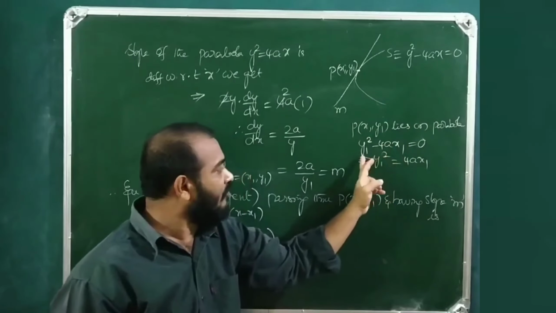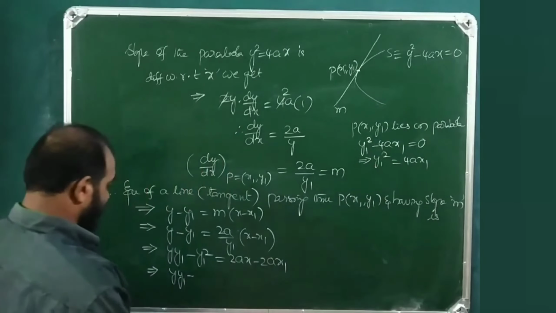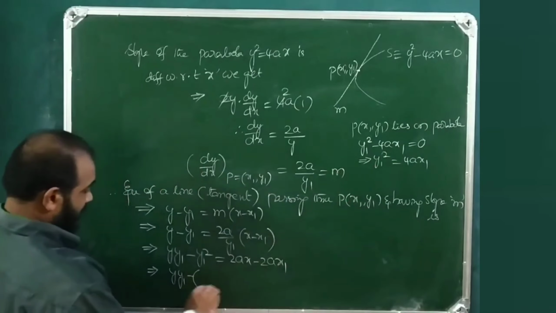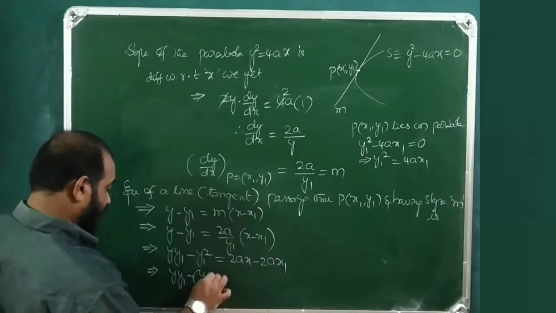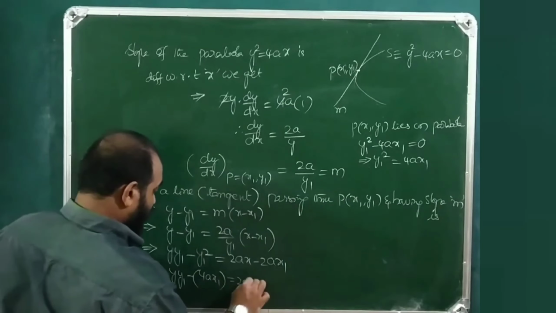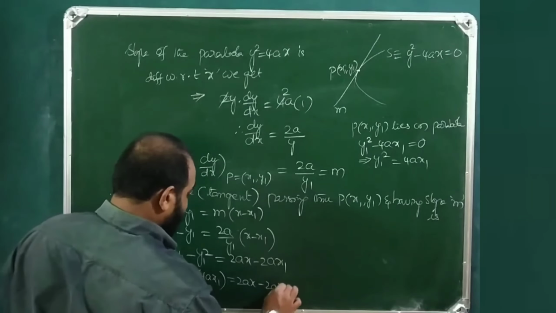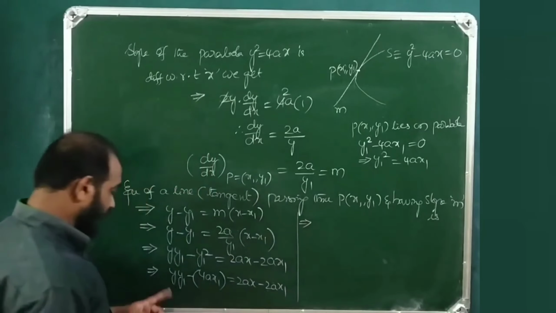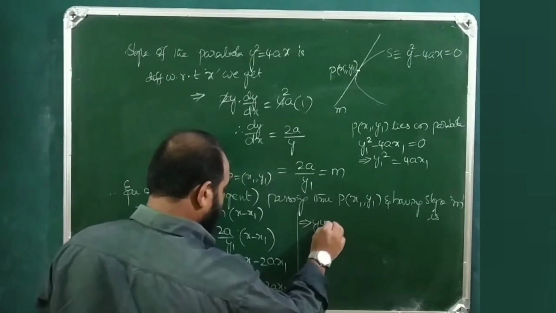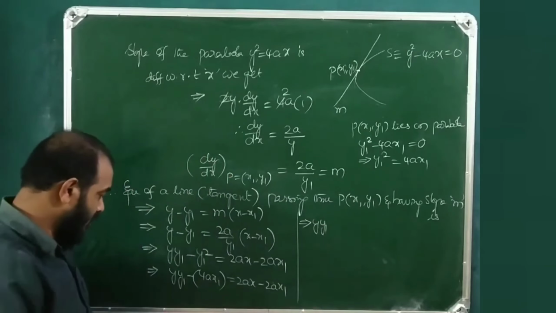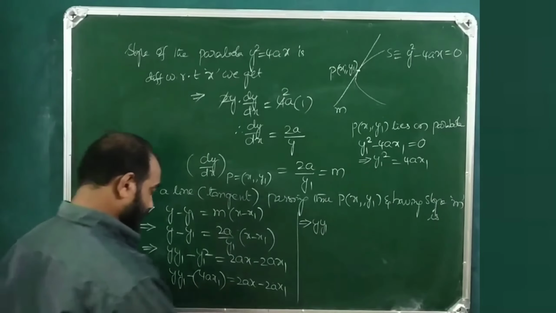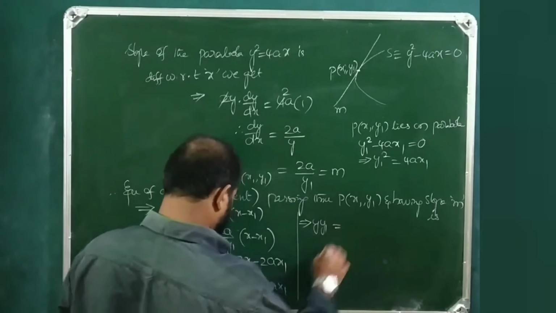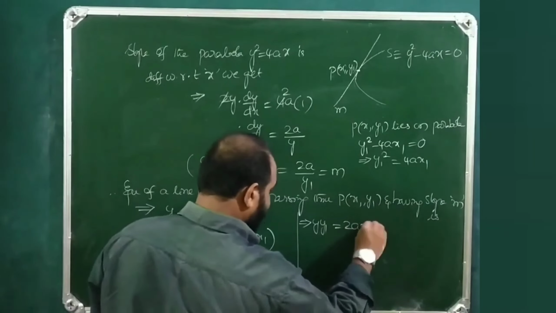In the place of y1 square, substitute 4ax1, so y y1 minus 4ax1 equals 2ax minus 2ax1.